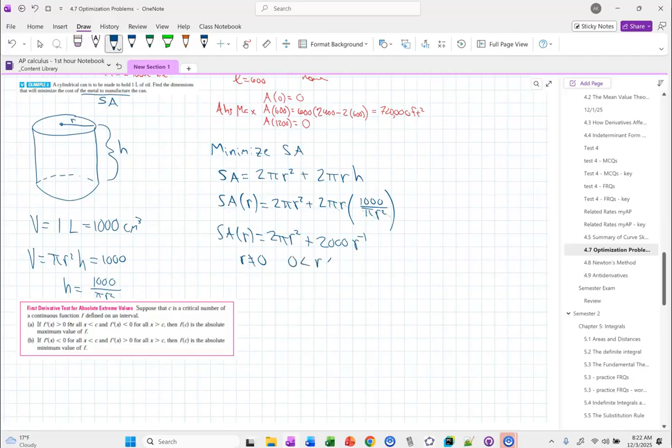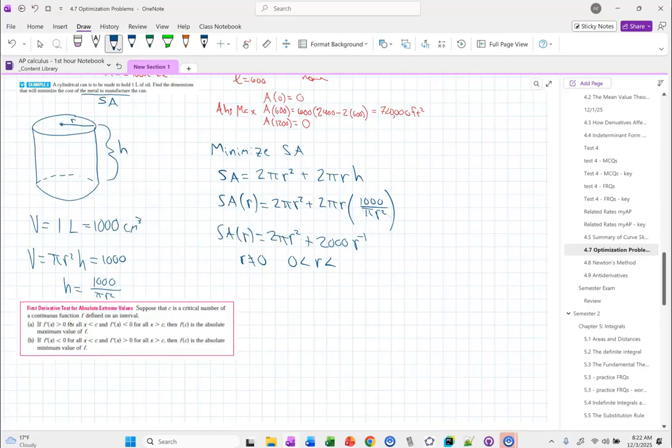We'll just write it this way. Is there a maximum value that r can be? What do you think?